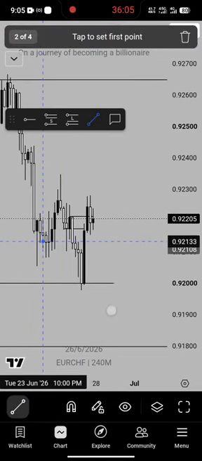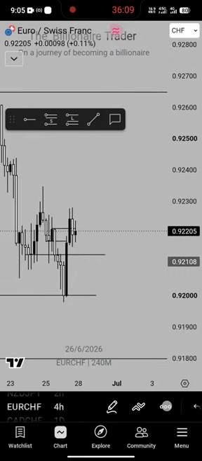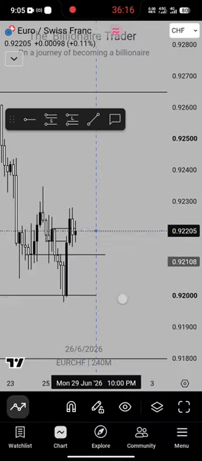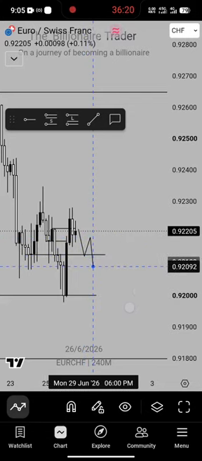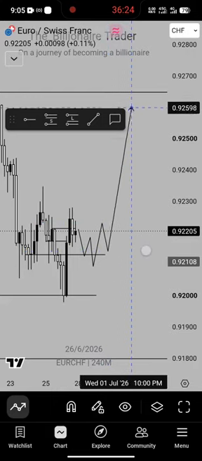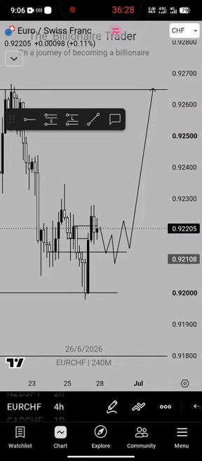Price should come to this key level here and give something like this. Price should come down to this key level, then I can take it up. So this is what I will be expecting on Euro CHF.